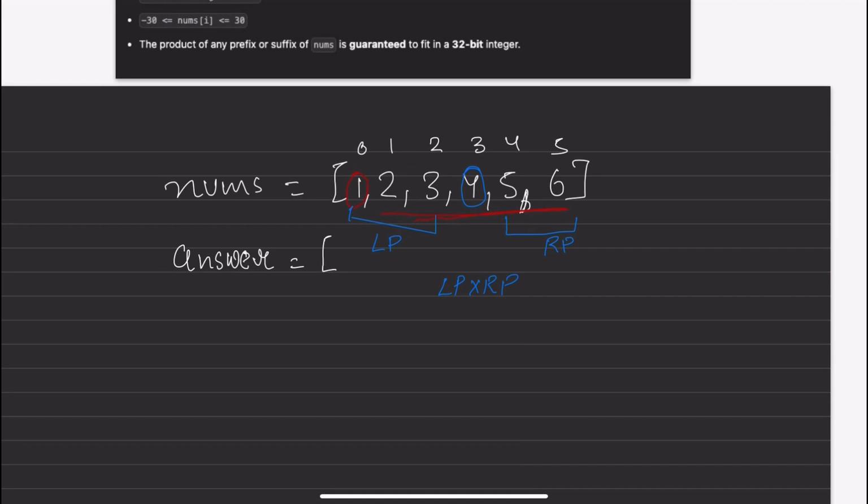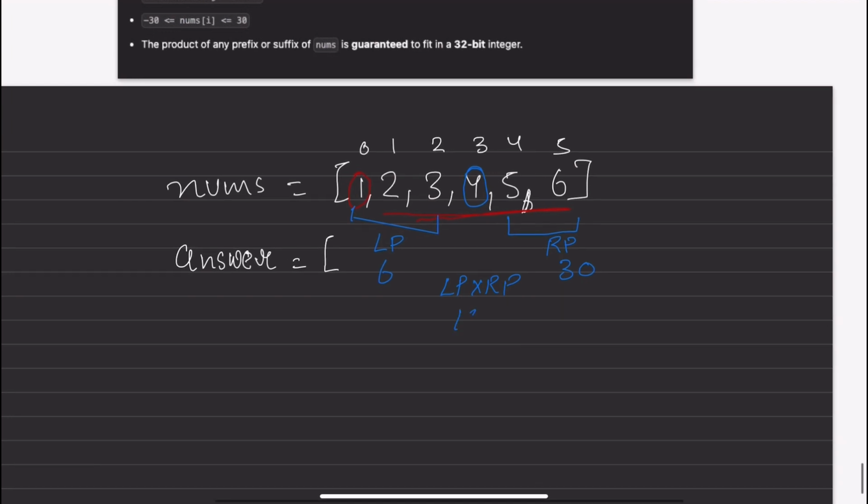To make it more clear, the left product would be 1 into 2 into 3, which is 6, and 5 into 6 will be 30. If I multiply these two numbers, 6 into 30, it will give me 180, and this is the element at this position. If we multiply 1 into 1 into 2, 2, 2 into 3, 6, 6 into 5, we have to ignore 4, right? 6 into 5 is 30, and 30 into 6 is 180.